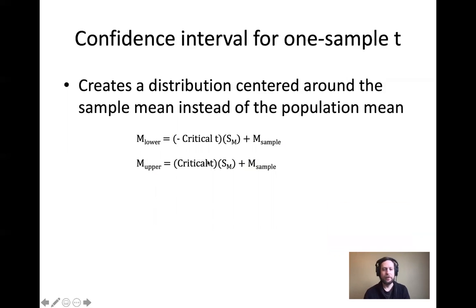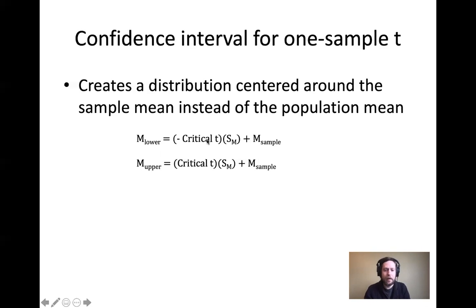Basically all you do is plug things into this formula, and you calculate a lower bound, which is like the critical region in the left tail, and the upper bound, which is the critical region in the right tail. So we're still finding critical regions when we're doing a confidence interval. The only difference is the sample mean is the center of our distribution instead of the population mean.